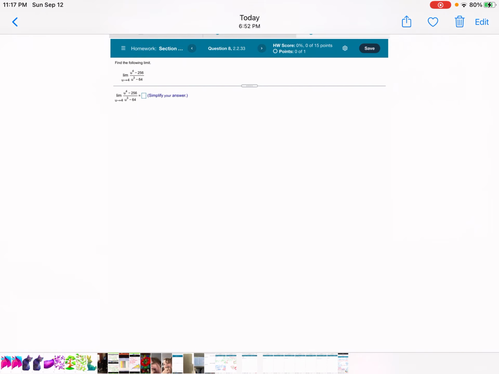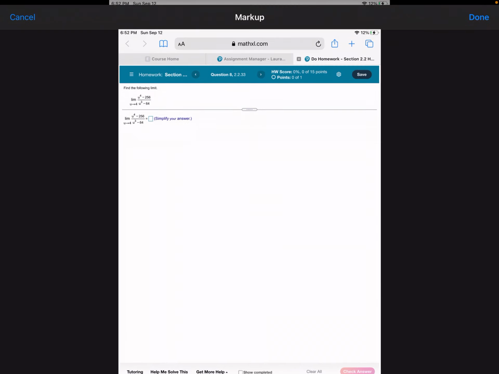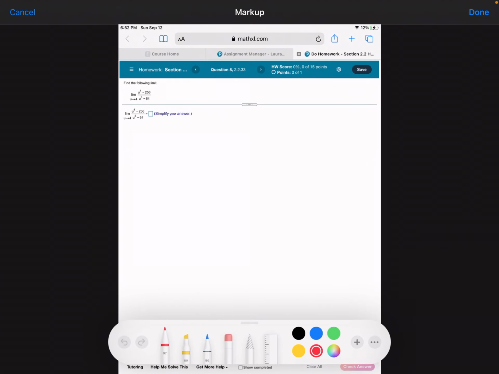All right, let's look at the next one. This time u is approaching 4. So I'm just going to call this f of u and see what f of 4 is. If I plug in a 4, I get 4 to the 4th minus 256 over 4 cubed minus 64.